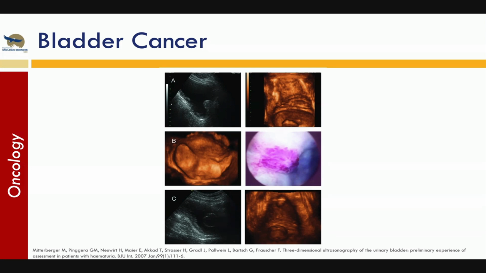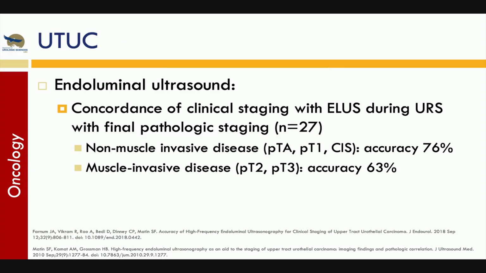So, lots of potential for imaging, but of course you need specialized equipment in order to be able to do this. And for upper tract urothelial carcinoma, endoluminal ultrasound, I think, also has a lot of potential. A couple of papers looked at the concordance of staging with endoluminal ultrasound during diagnostic uroscopy with the final pathologic staging. Most of these people ended up getting a nephroureterectomy, or just a biopsy, but most of these people went on to get something more.